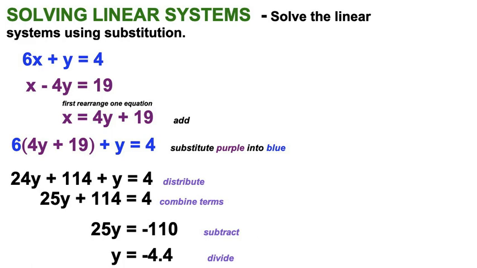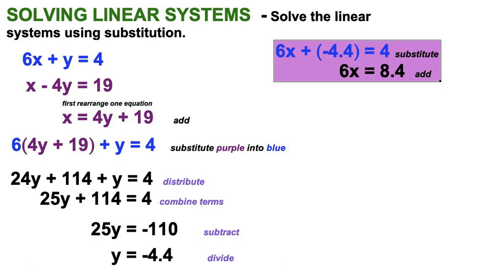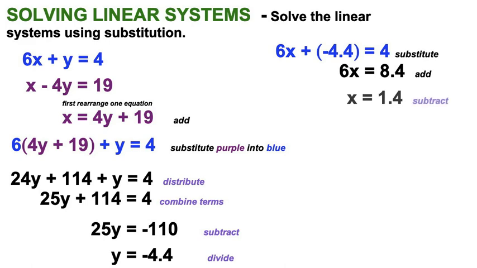And let's see if we can make that substitution into the blue equation. I will add 4.4 to both sides. Now take 4.4 and divide by 6. It still came out nicely to the tens place. And there you go. Your solution: 1.4, negative 4.4.